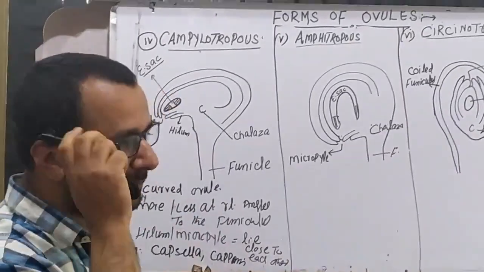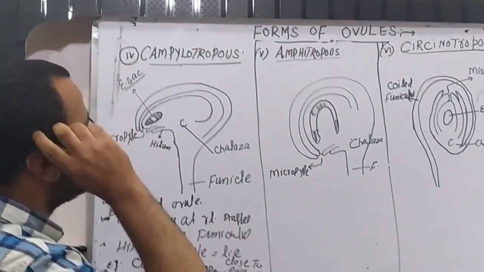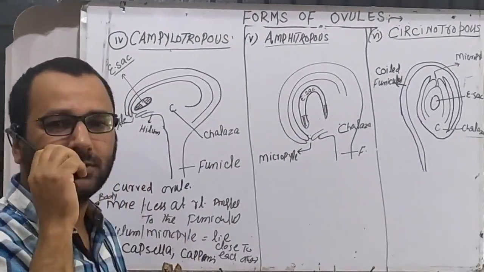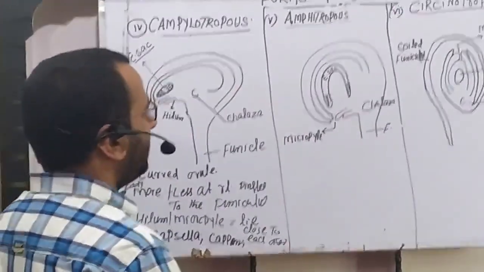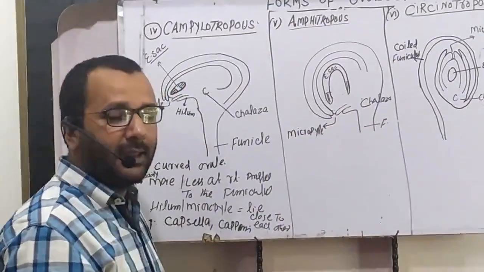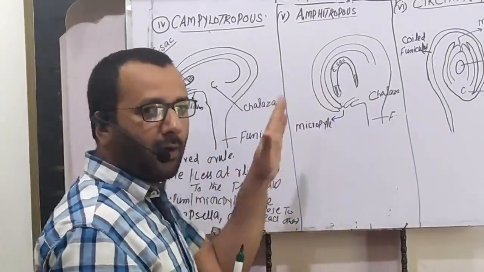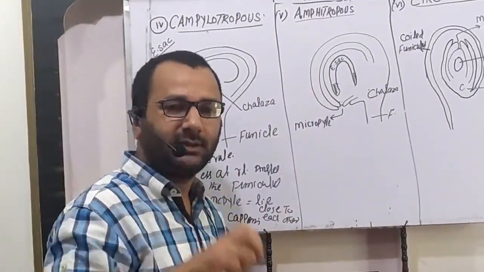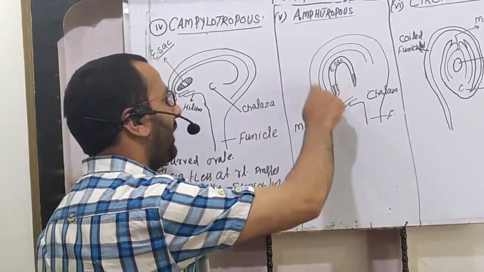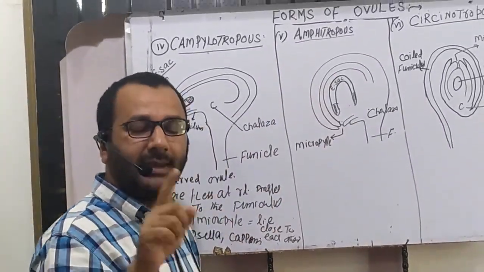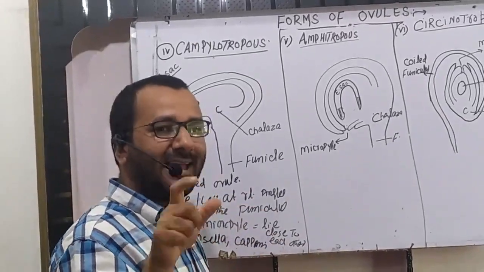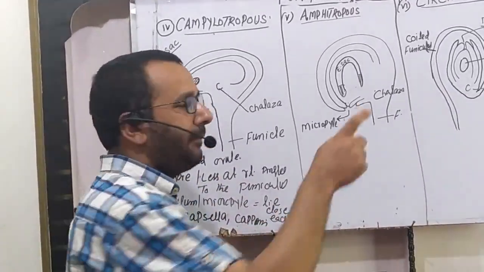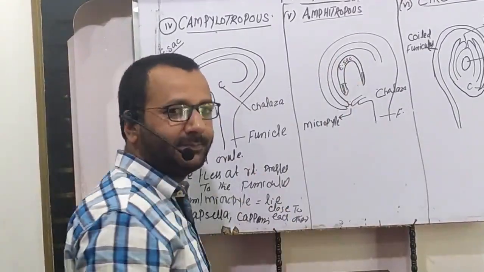Now coming to the fifth type of ovule, that is amphitropous ovule. What is amphitropous ovule? If you see this type of ovule, here both body of an ovule is curved along with the embryo sac. It is a type of ovule in which both body as well as the embryo sac is curved.